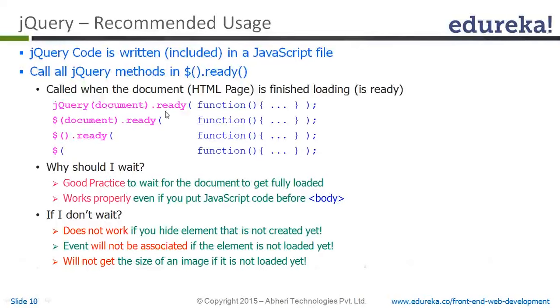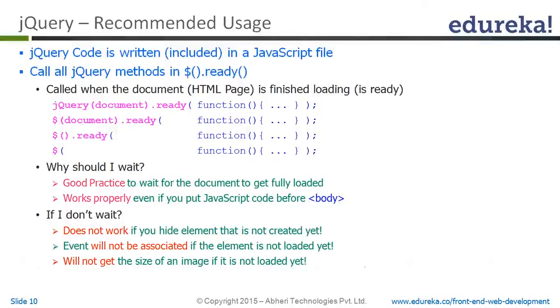Then .ready is a function, and as an argument to the ready function, you pass a function object. This function will get called whenever the document is ready. This is the longest way. The shortest way is you can replace jQuery with just $, and the rest of it is the same, as you can see in the second line. Even you don't have to pass document. If you don't pass anything, jQuery will assume you are manipulating the document object.